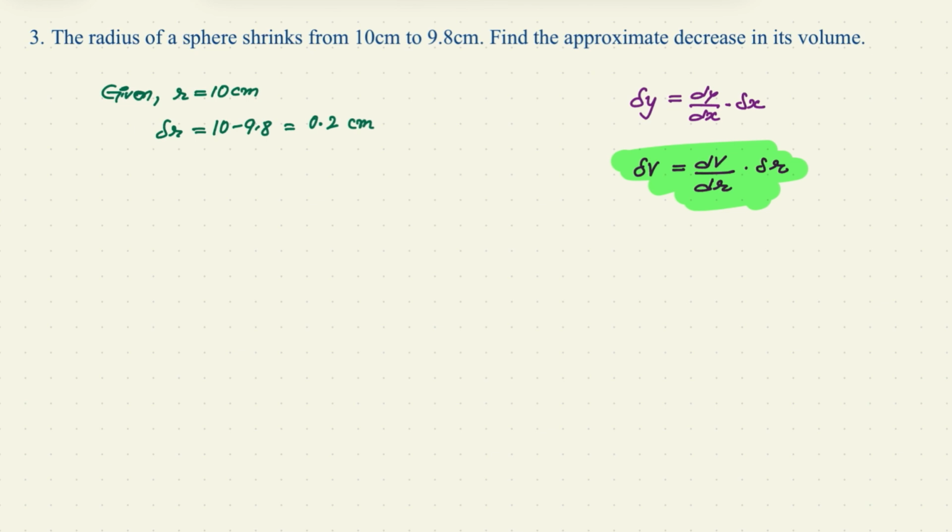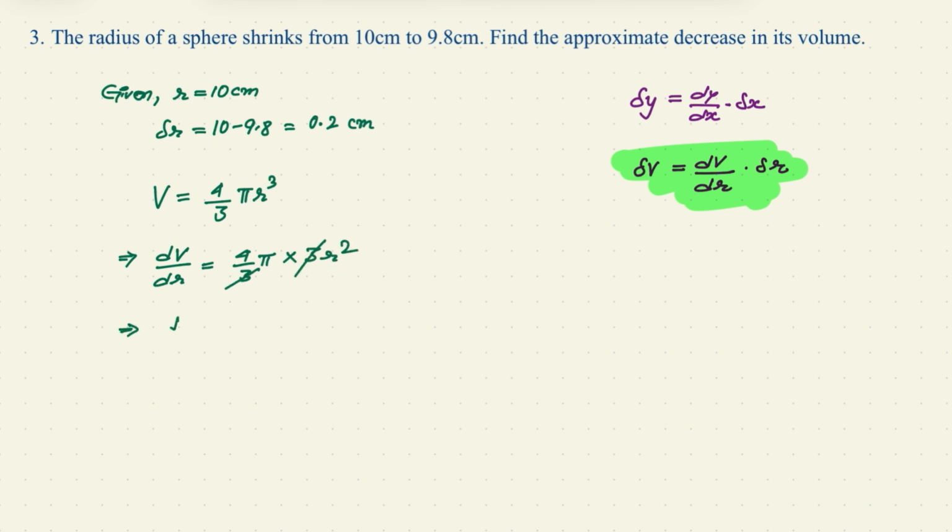Now the volume of the sphere is given as 4 by 3 pi r cube. So let us differentiate both sides with respect to r. Then we will have dV over dr equals 4 by 3 pi, and d by dr of r cube will be 3r square. So here 3 and 3 got cancelled.